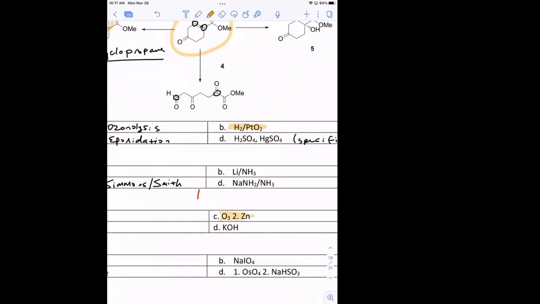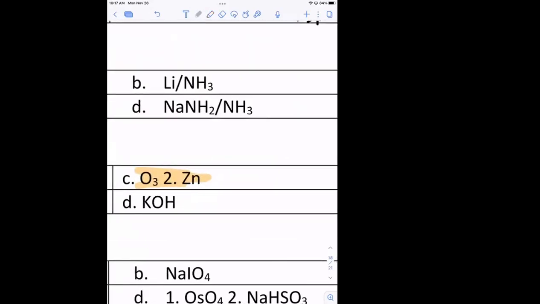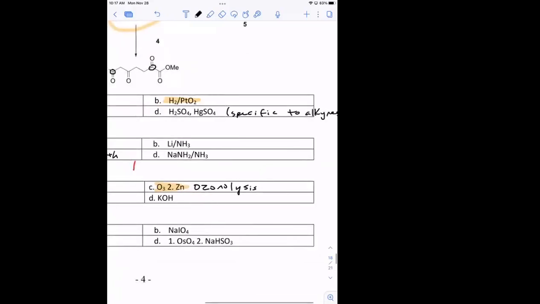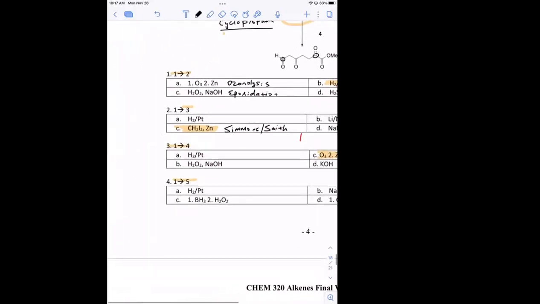Is ozonolysis. Right, in an ozonolysis, if I take a double bond, any double bond, let me just write this as a CH2.